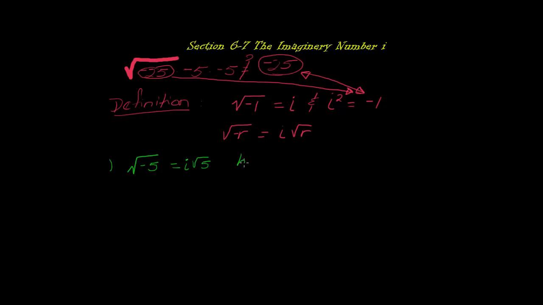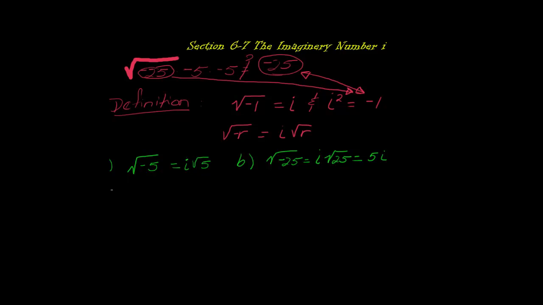Similarly, if we had the square root of negative 25, that is equal to i times the square root of 25, which is equal to 5 times i, imaginary number i.